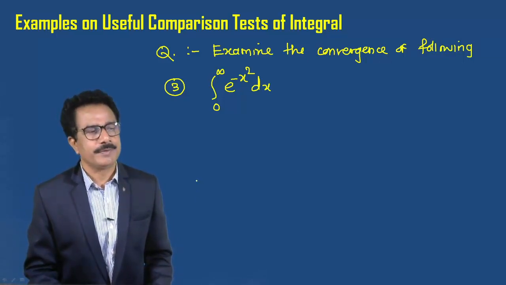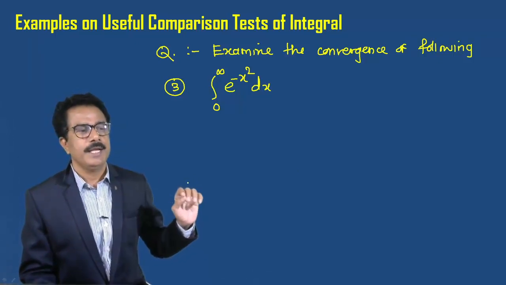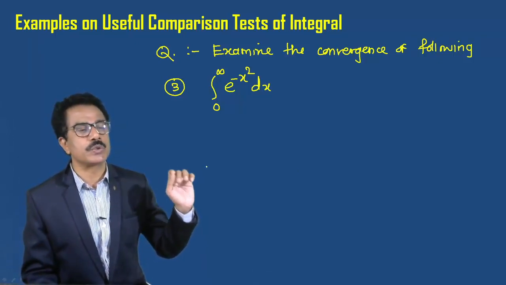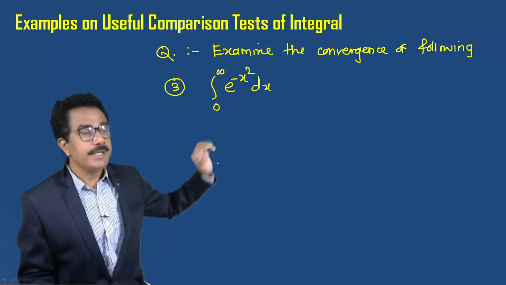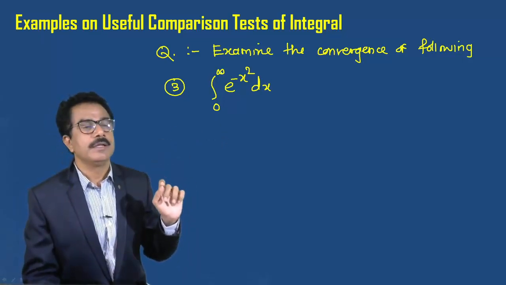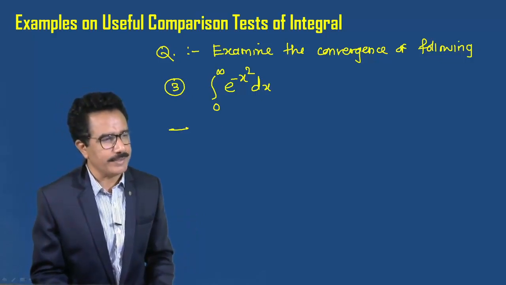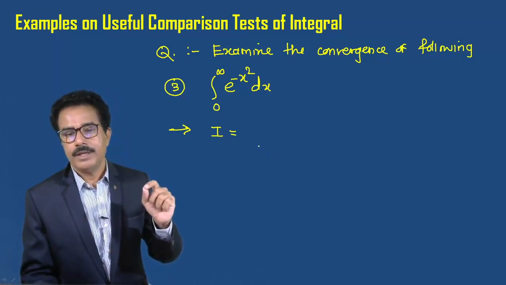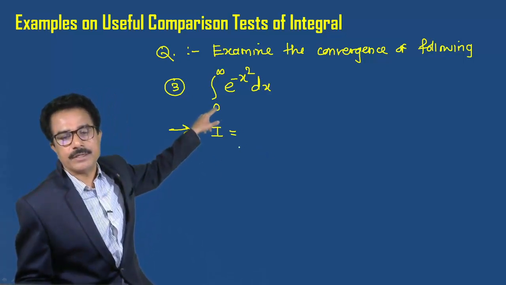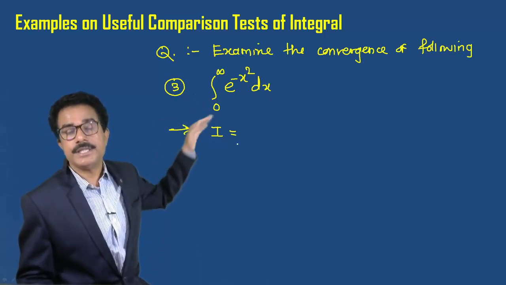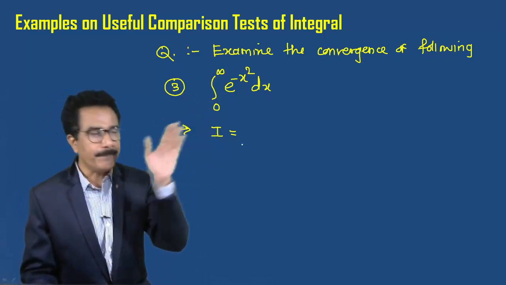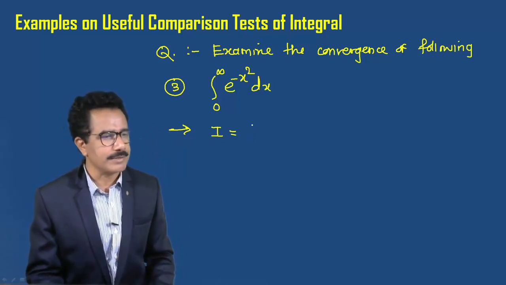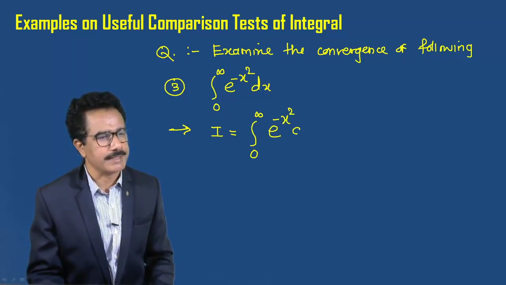Students, now you tell me at which point this integral goes to infinity. Here in this case, the given integral is, okay, I shall write first, I is equal to the integral from 0 to infinity e raised to minus x square dx. Students, write down in the chat box at which limit, lower limit or upper limit, this integral becomes improper.